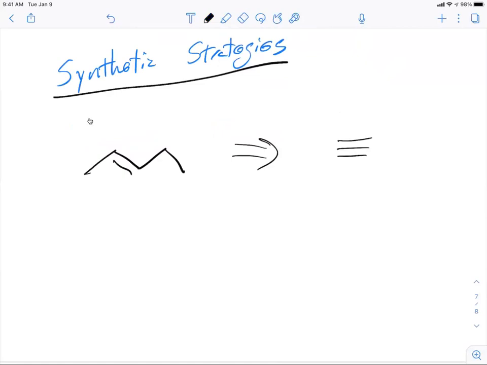So we're going to add those carbons in a way to form the functional group. So what I'd be watching for here is the location of my functional group.